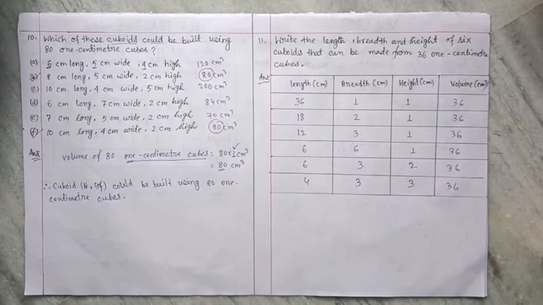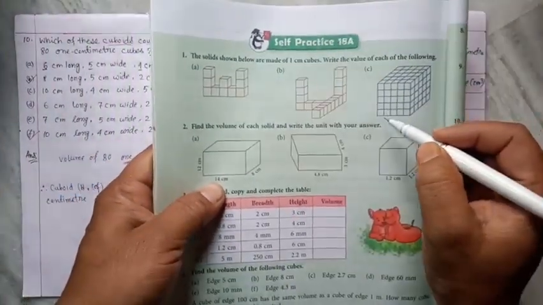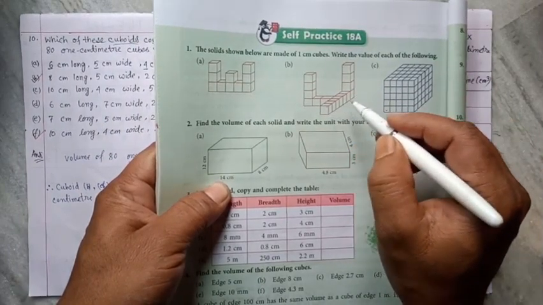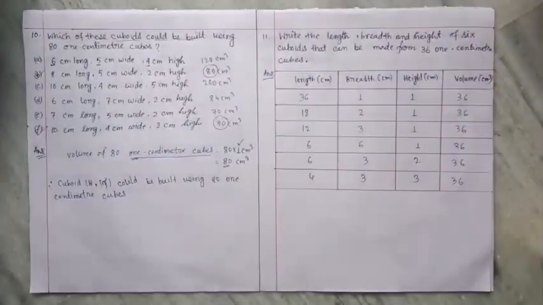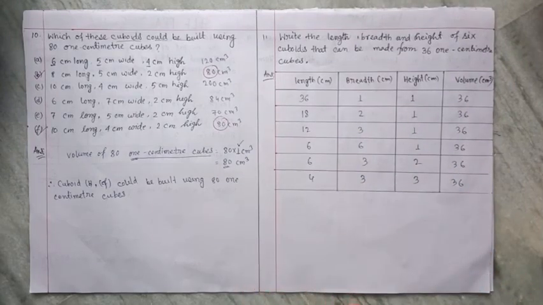Is it clear? Just see here in your book. That means you have to make like this: here some small cubes, and using these small cubes you make this large cuboid. Similarly, here using 36 one cm³ cubes, you have to make cuboids, and you will get these 6 cuboids. I hope you have understood it.